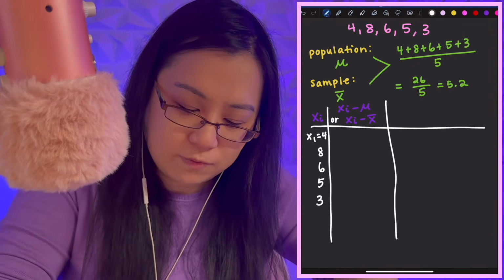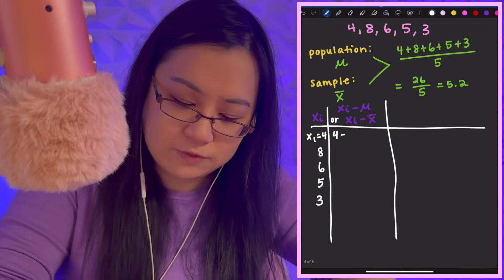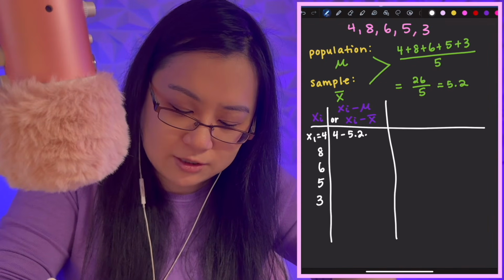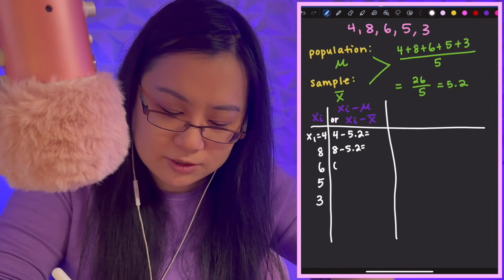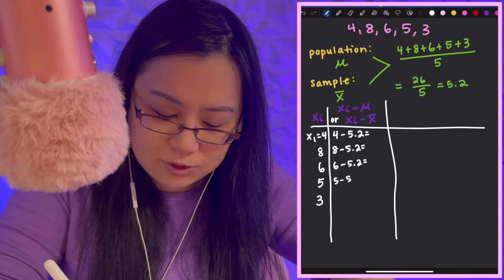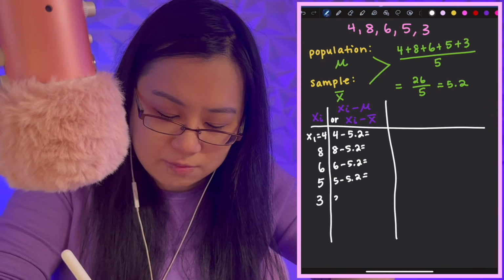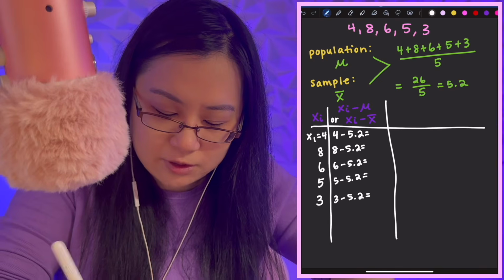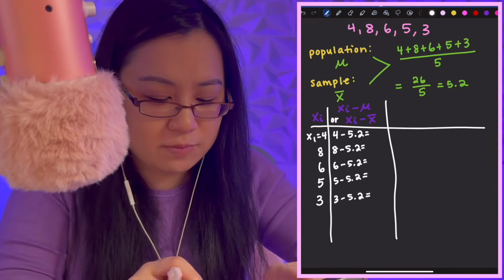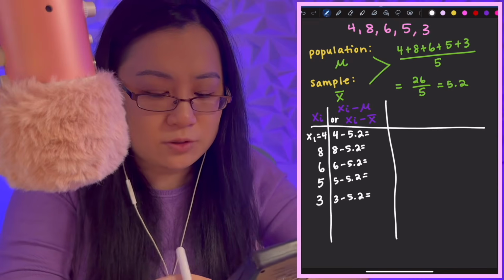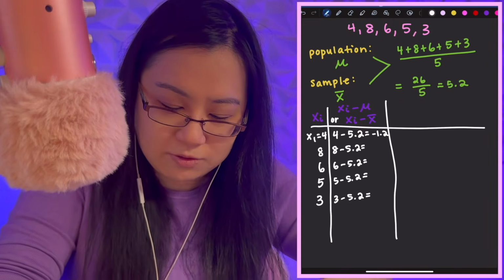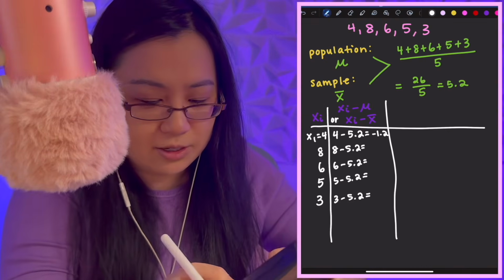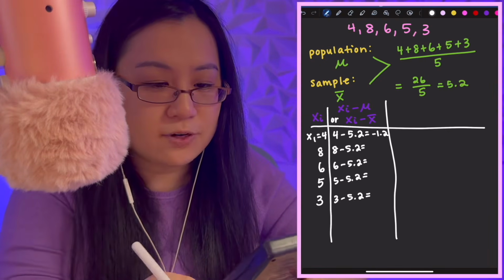But you do 4 minus, and we know that the average is 5.2 for both cases, so like this, 8 minus 5.2, so this is our difference. 5 minus 5.2, 3 minus 5.2. So you go ahead and plug this all in, so 4 minus 5.2. And of course, if you have a program or you're comfortable with all that, you can definitely do shortcuts here, but I'm just going to do this to make it very clear.